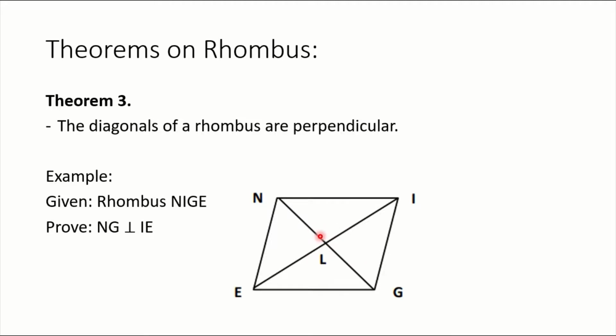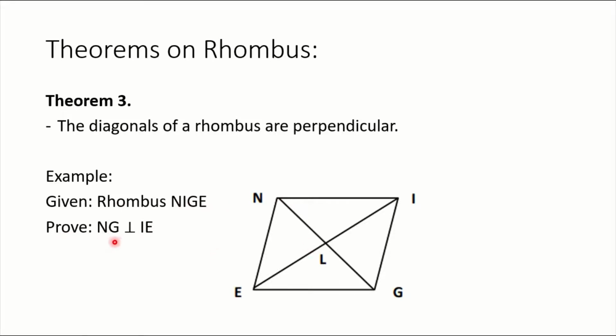Therefore, ito pong gitna natin, yung nag-meet sila sa L, diyan tayo mayroong perpendicular. Nakabuo po tayo dito ng 90 degrees. Therefore, itong gitna ay 90 degrees.